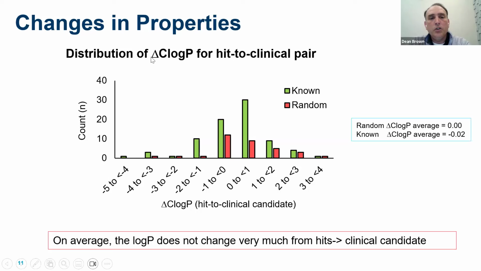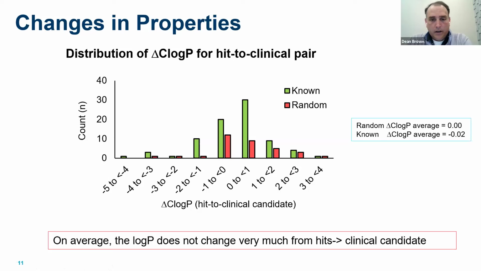So this is the change in C log P for any given hit to clinical pair. And it's broken down by known in the green and random in the red. When I put this data together, the thing that jumped out to me is, if you look at the averages, there's not much change. The average tends to be around 0 change in C log P, but that doesn't tell the whole story, right?